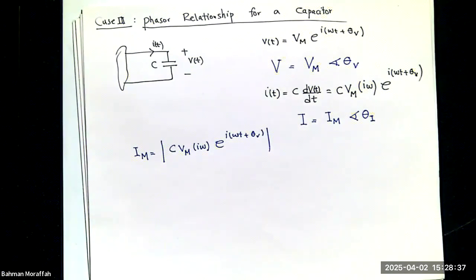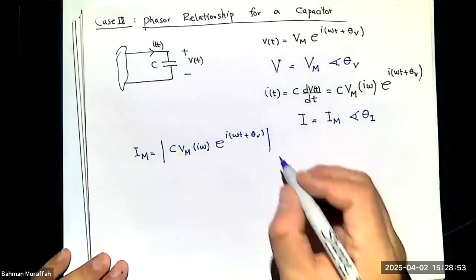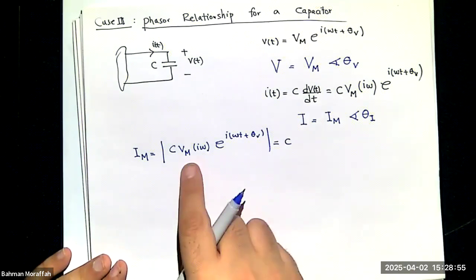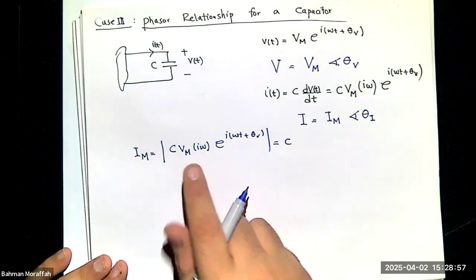Right? I have a bunch of complex numbers, in general complex numbers, multiplied. To find the magnitude of the multiplication, I have to multiply each magnitude. What is the magnitude of C? Well, it's a real number, so the magnitude is the same. So it is C. What is the magnitude of Vm?